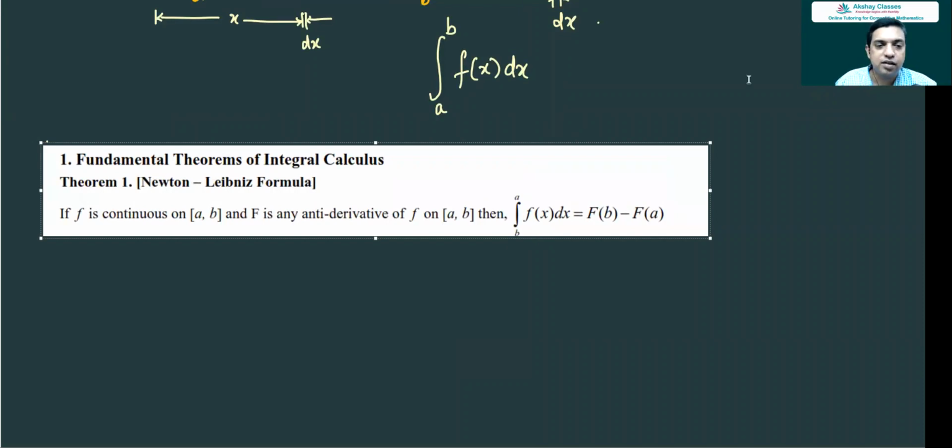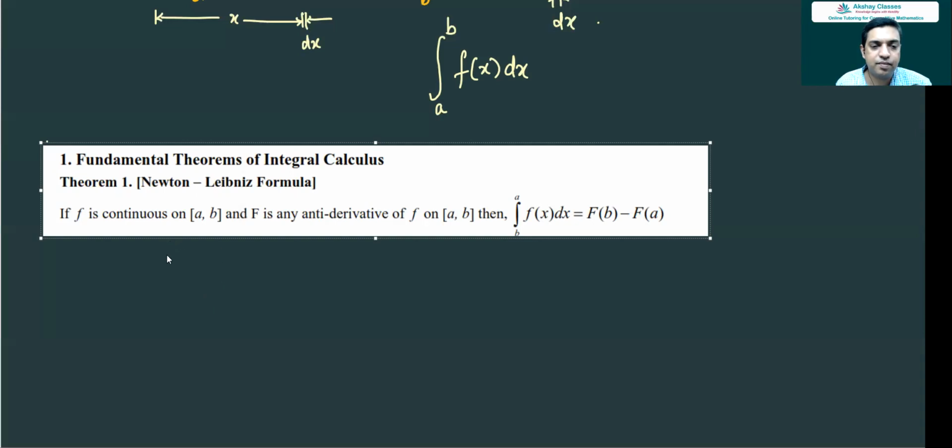Okay. So the fundamental theorem of integral calculus. If small f is a continuous function on a closed interval a comma b, and capital F is any antiderivative of f. Any, in the sense that you have the integration constant c.